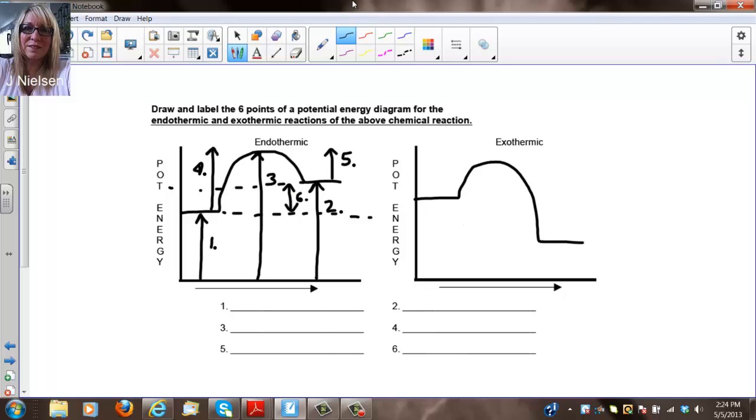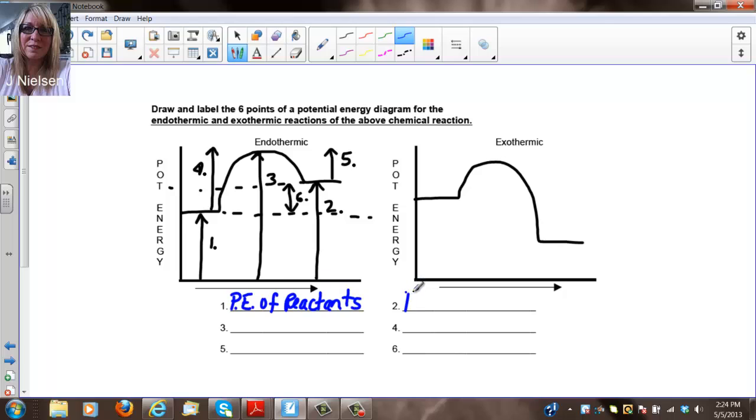Okay, so 1 is, I'm going to abbreviate PE, potential energy of the reactants. Potential energy is always measured from the x-axis upward.